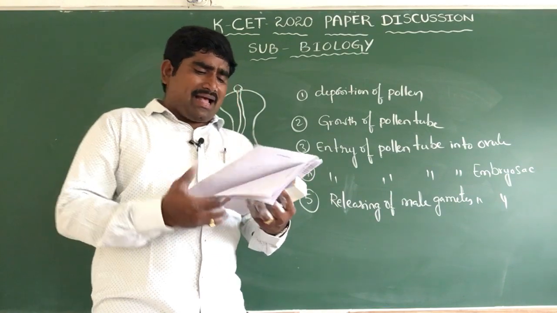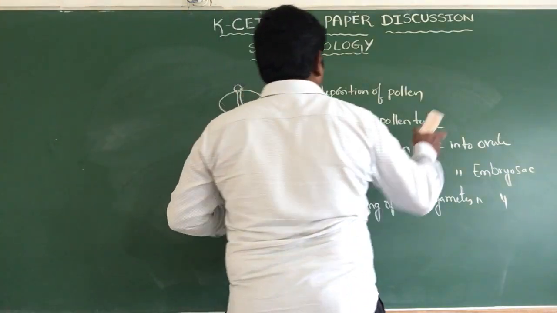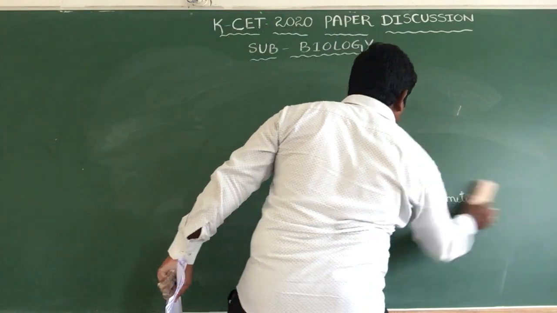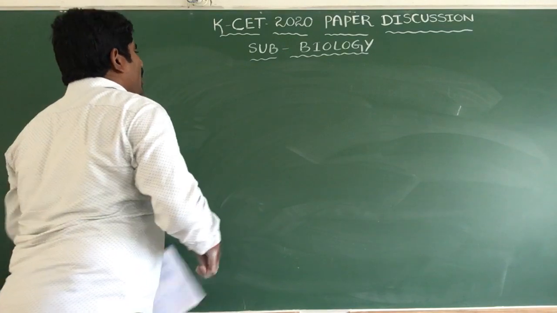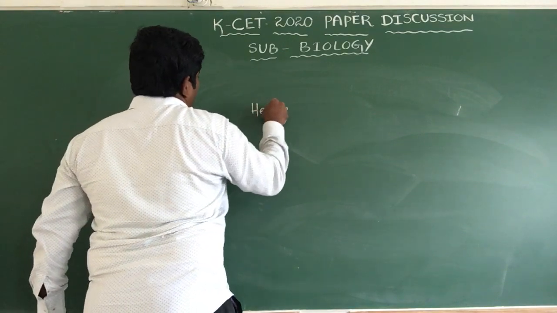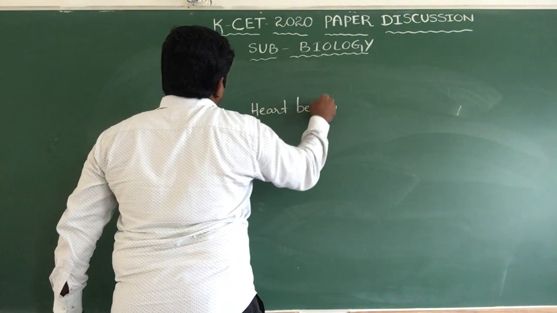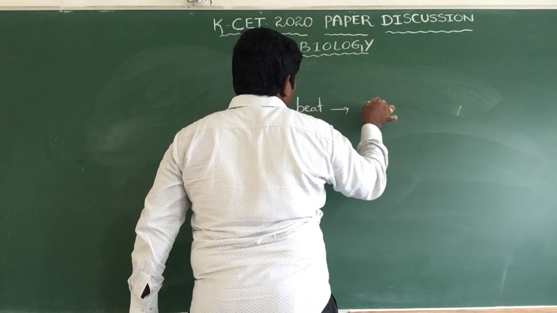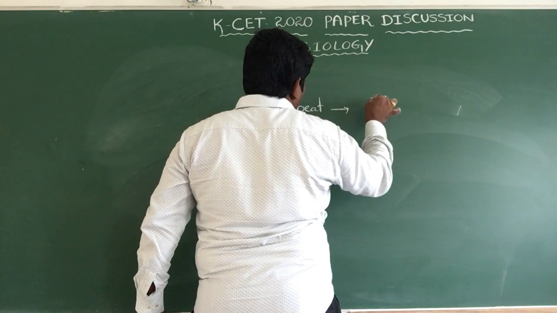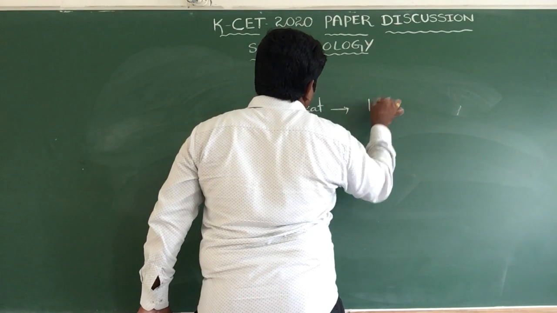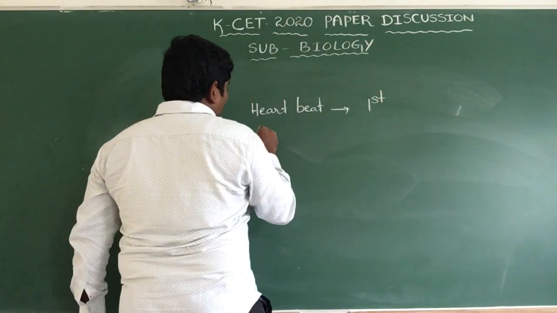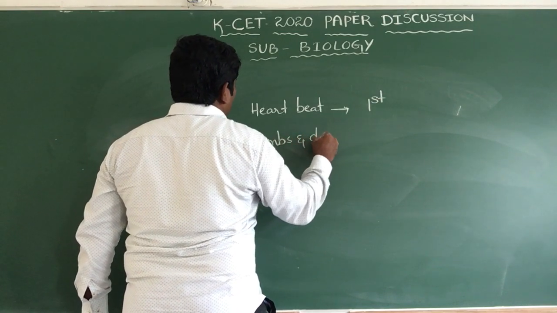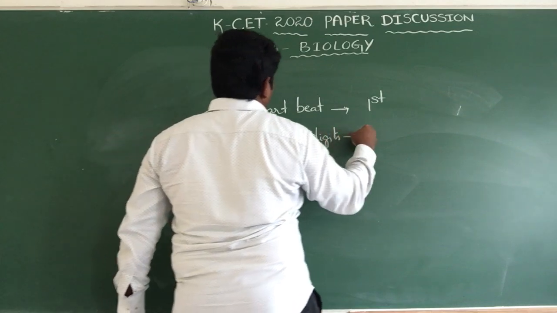Okay. Next one is match the following. We know already the first month is heartbeat. The heartbeat can be heard in the first month by ultrasound scanning. Second month, limbs and digits, fingers, hands and legs, are formed in the second month.